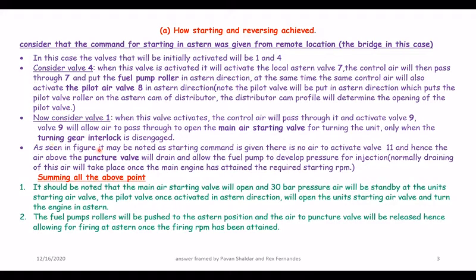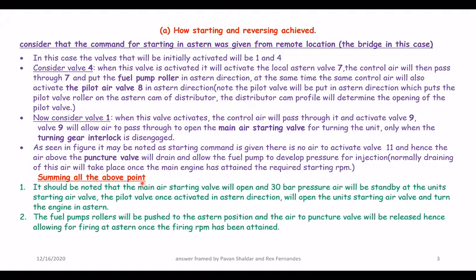As seen in the figure, it may be noted that as the starting command is given, there is no air to activate valve 11, and hence the air above the puncture valve will drain and allow the fuel pump to develop pressure for injection. Normally, draining of this air will take place once the main engine has attained the required starting RPM.